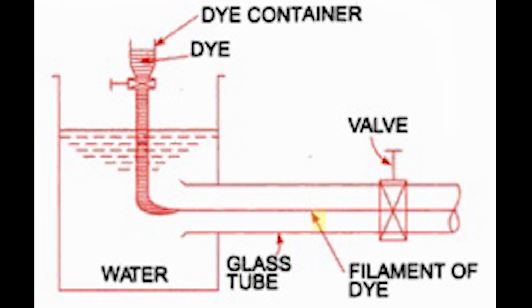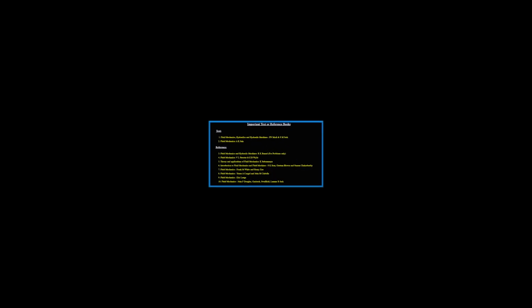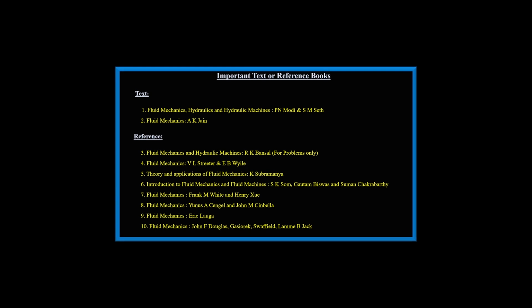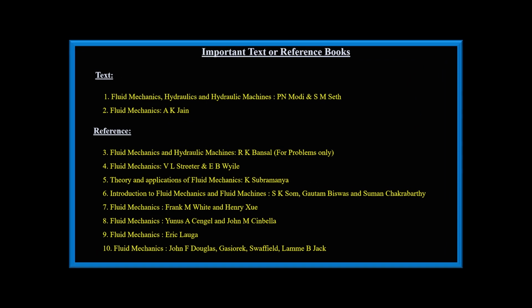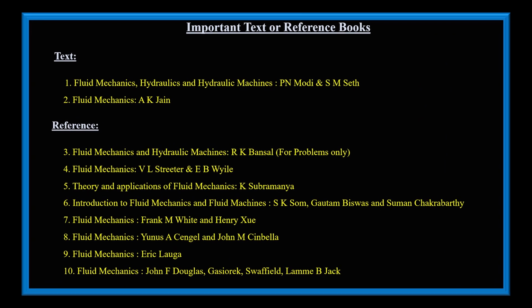Number two, when flow takes place through a pipe, it is subjected to resistance between the fluid particles and the boundary. This resistance is due to fluid viscosity. How much that resistance will be, we deal with afterwards.